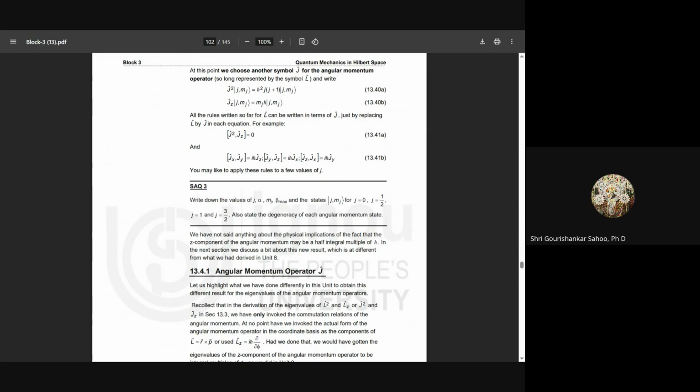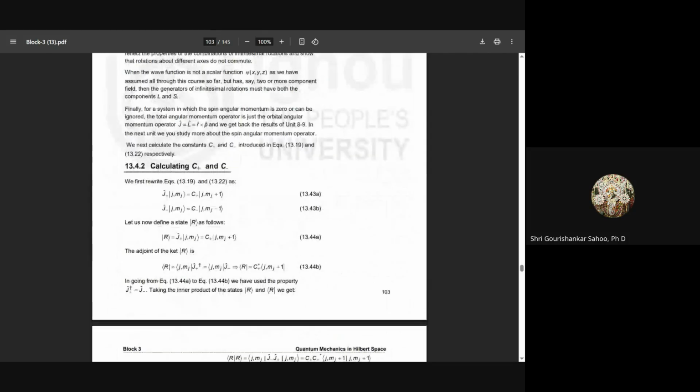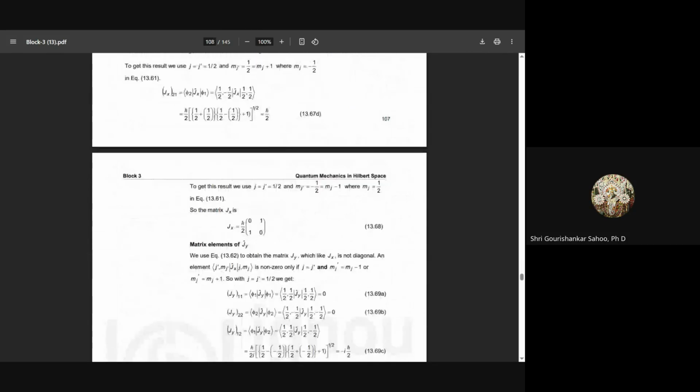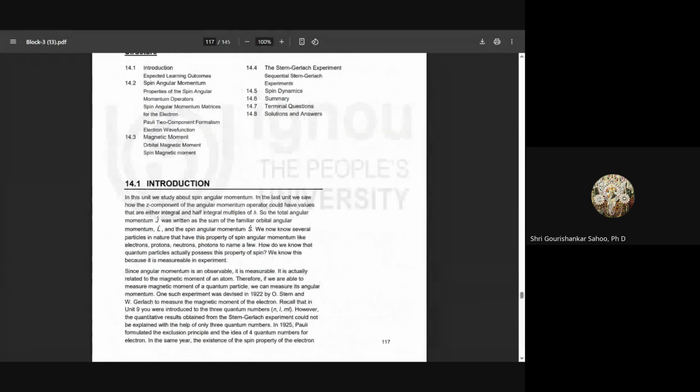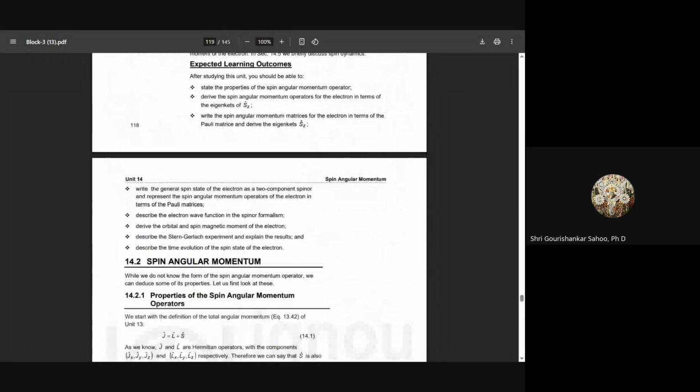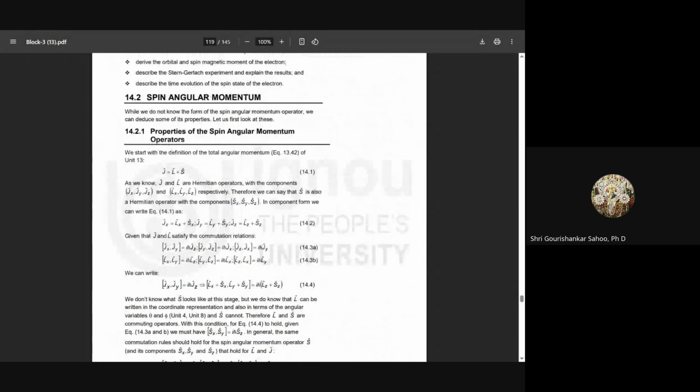Similarly, [J cap square, Jz cap] is equal to 0. So the angular momentum operator J and its physical significance we have discussed now. And this is your Hamiltonian, your quantum mechanics in Hilbert space.